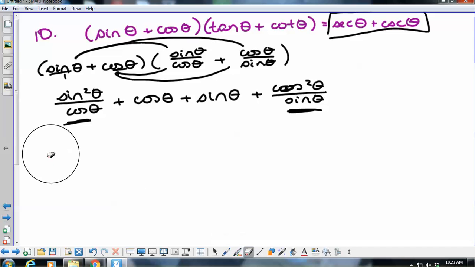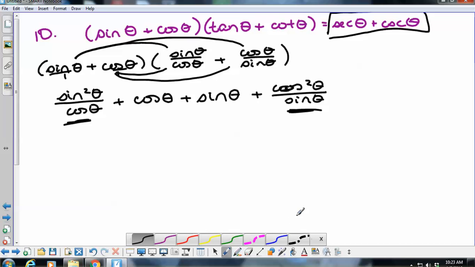I want to go that route, it's going to help. We're going to get some cubes. I like it just the way it is.